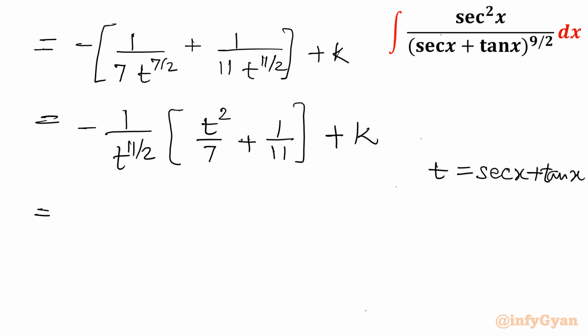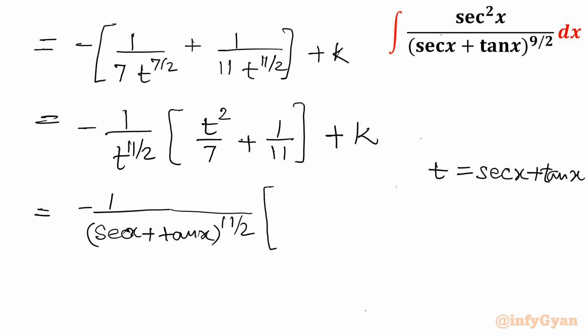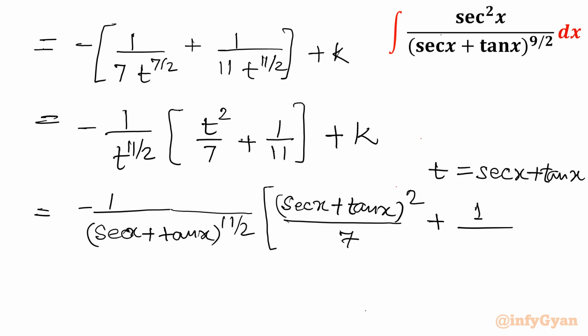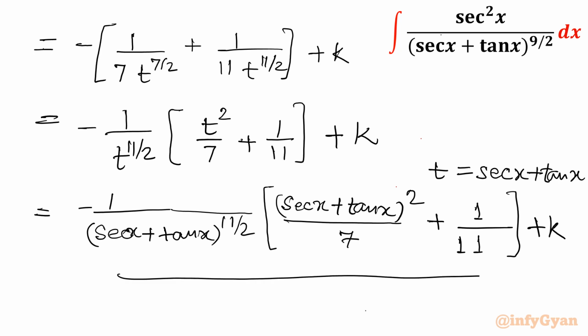If I write that value, that will be our answer: minus 1 over (sec x plus tan x) whole power 11 over 2, times bracket (sec x plus tan x) whole square divided by 7 plus 1 over 11, plus integration constant c or k. This is our complete answer for the integration.